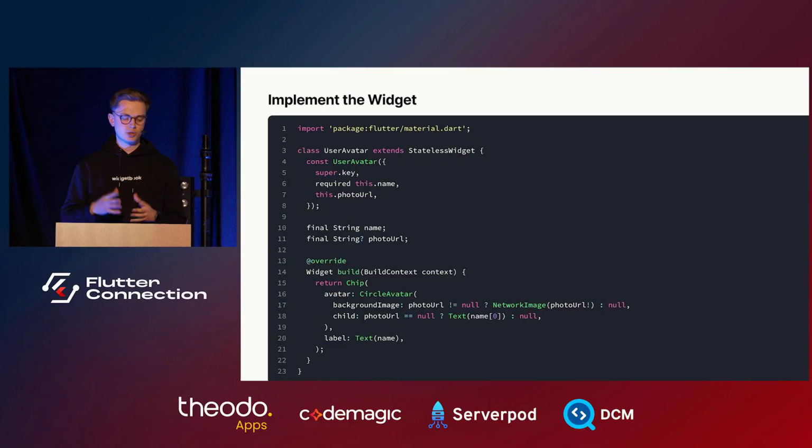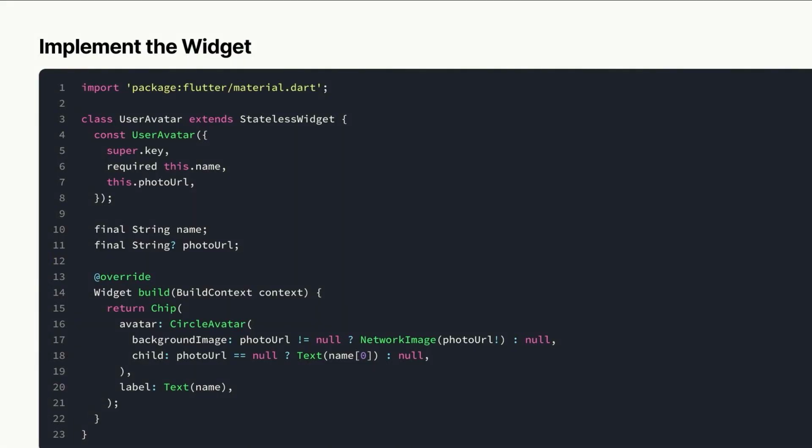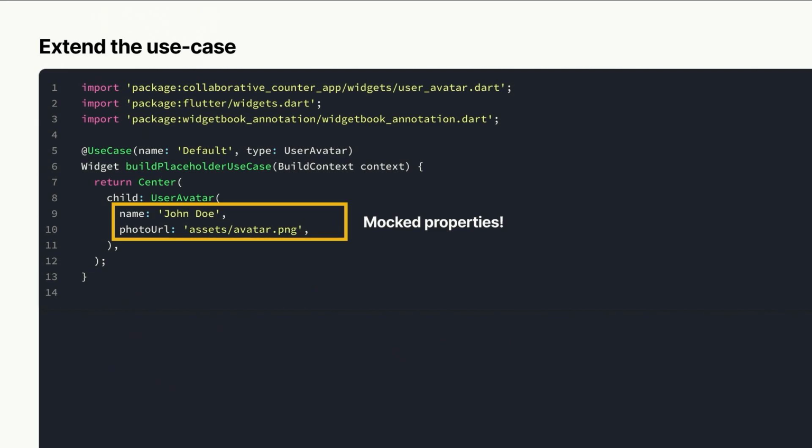So what we then do is we implement the widget. And I mean, we just learned how to build reusable components. So we're just following exactly that best practice of basically not including any dependencies in there. And the next step would be we need to extend our use case now. We need to do it because before our user avatar was parameterless, but now it requires 2 parameters.